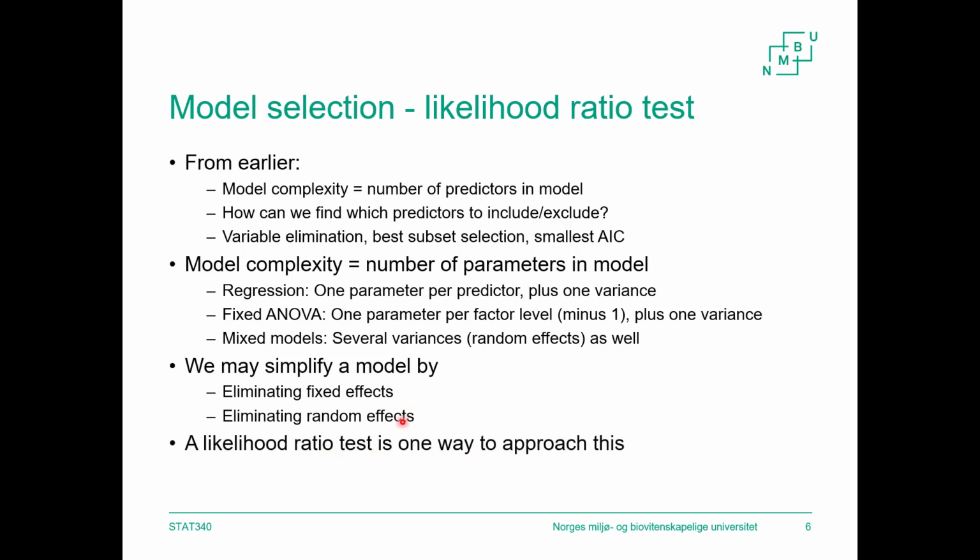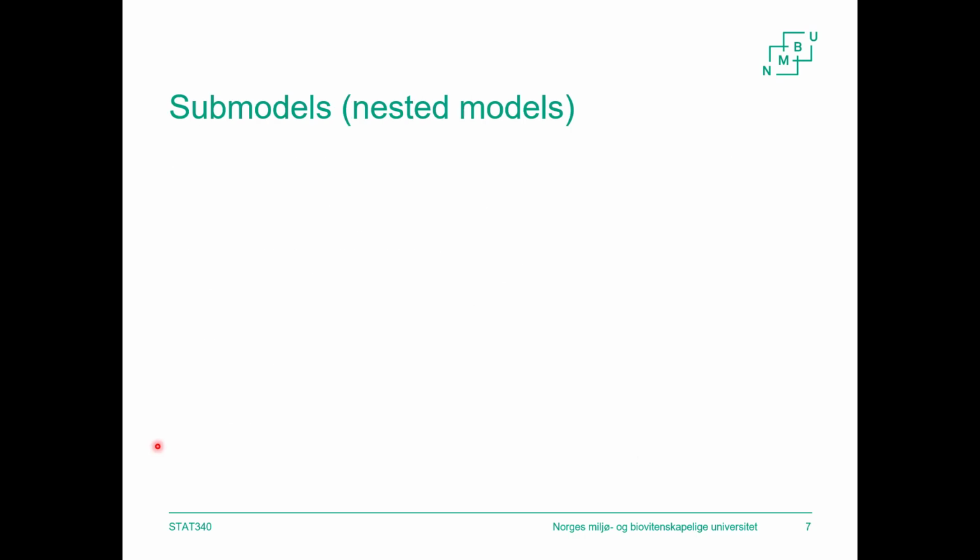Anyway, a likelihood ratio test is one way to approach this model selection, where we compare models of different complexity to each other in order to see which one we should choose. Submodels, or nested models, which is a term often used.